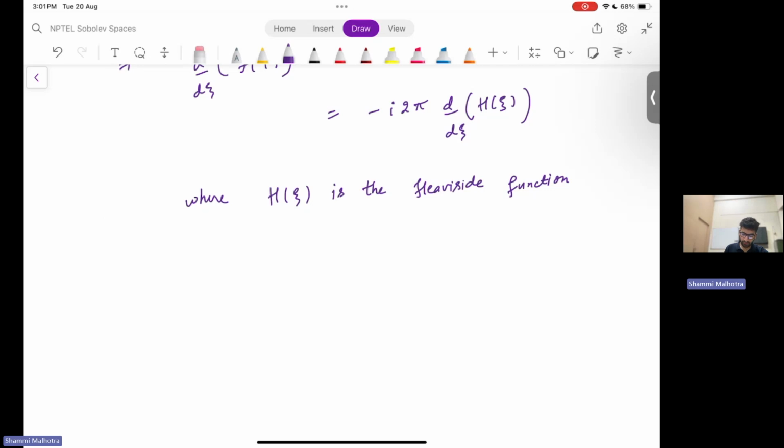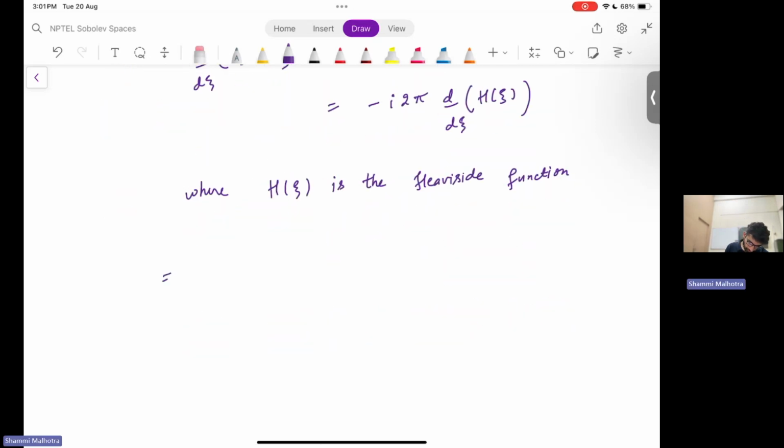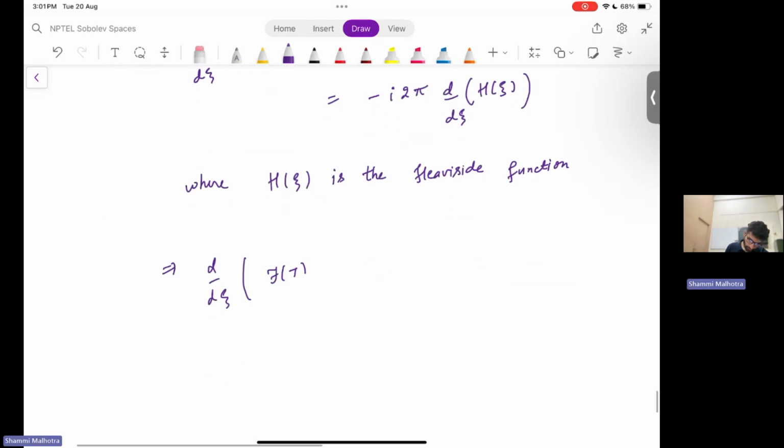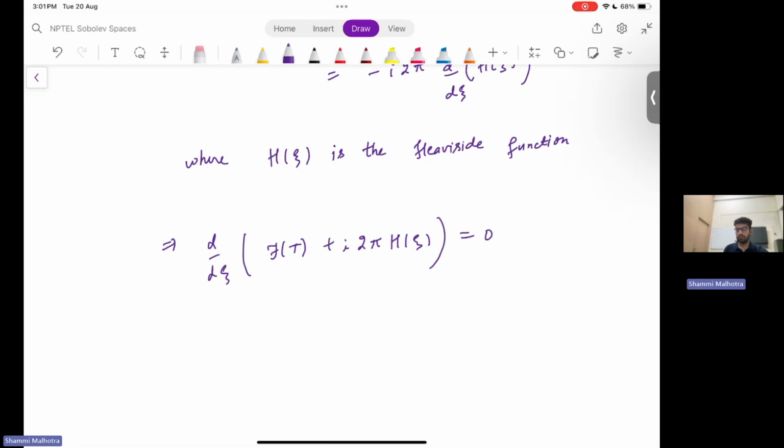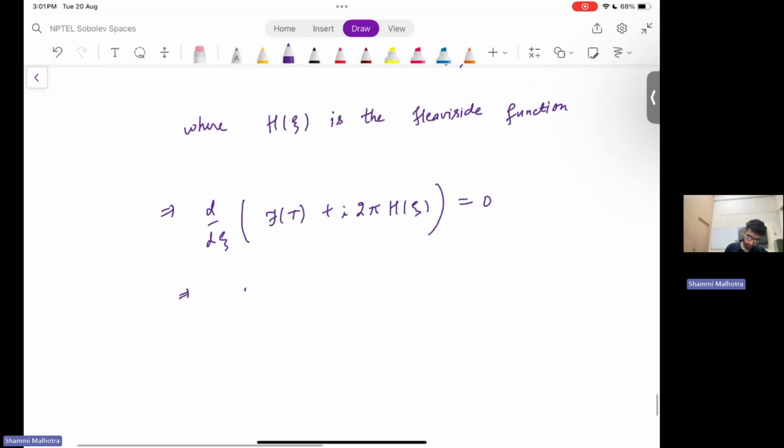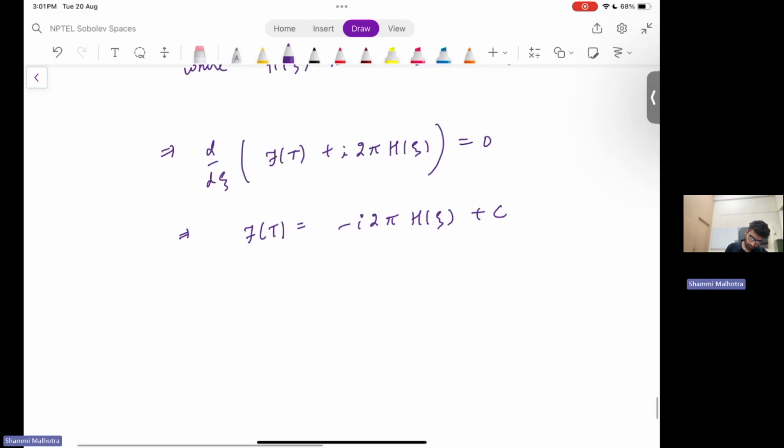So now this is the Heaviside function. Now this can be written as d by dy of the Fourier transformation of T plus 2 pi i H equal to 0. As we know, this is in the sense of distributions, so the Fourier transformation of T has to be nothing but minus 2 pi i times the Heaviside function plus c, for some constant c.